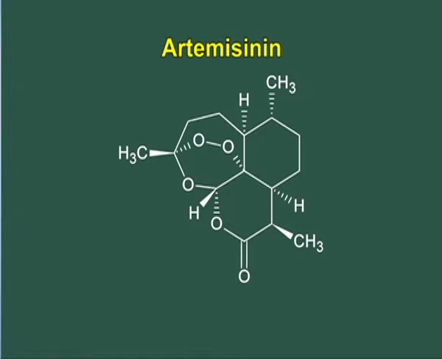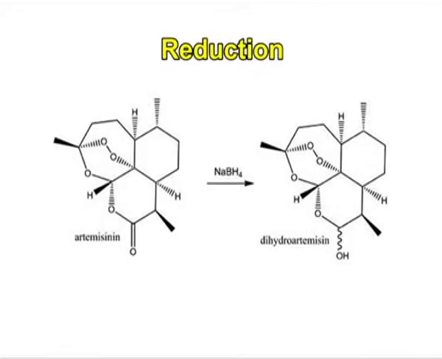Chemically, artemisinin is a sesquiterpene lactone containing an unusual peroxide bridge. This peroxide is believed to be responsible for the drug's mechanism of action. On reduction of the lactone carbonyl group of artemisinin by sodium borohydride into a lactol group, it leads to the synthesis of dihydroartemisinin, which is a product.